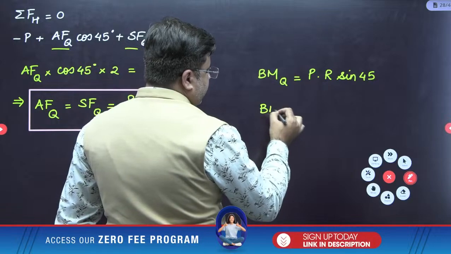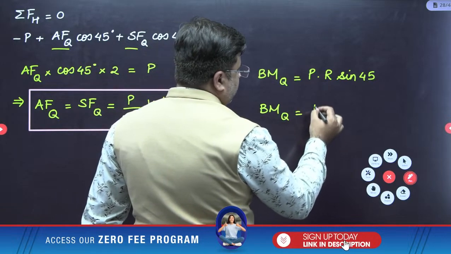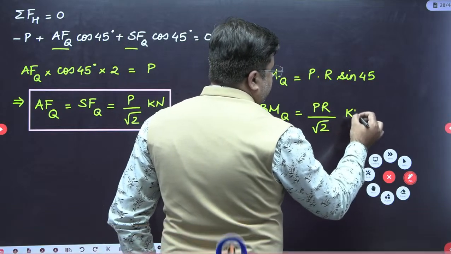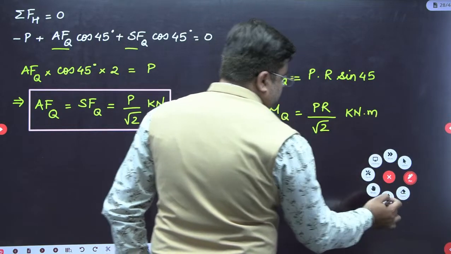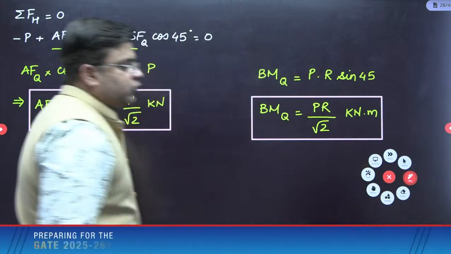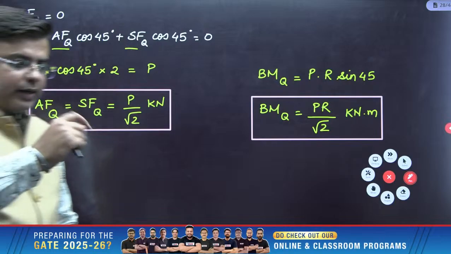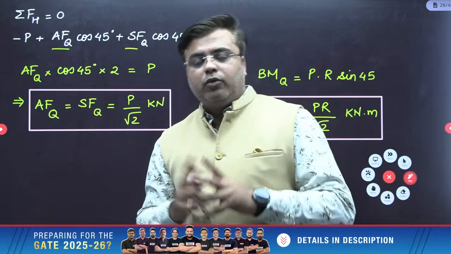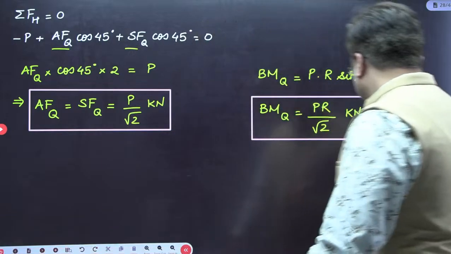So bending moment at Q is equal to P into R by root 2. This will be in kilonewton meter. So like this, you need to deal with these types of questions, especially from arches. You have to consider the part and draw the free body diagram, and then apply the equations of static equilibrium over that portion. Okay, let's move ahead with this.